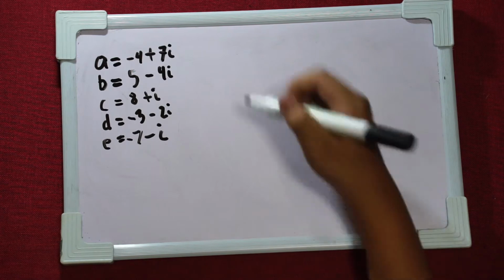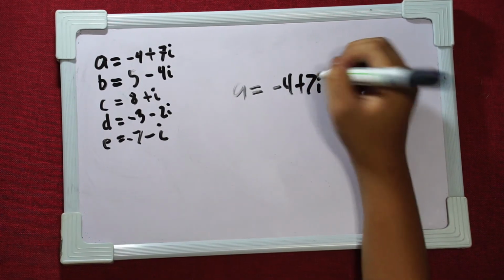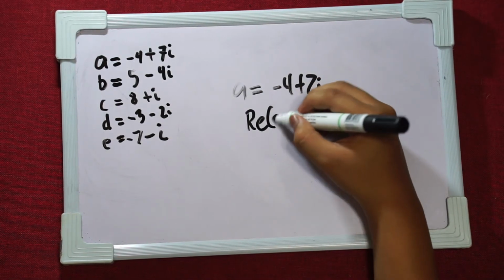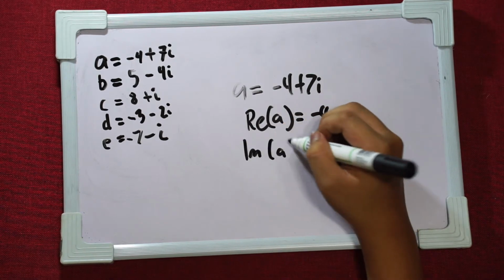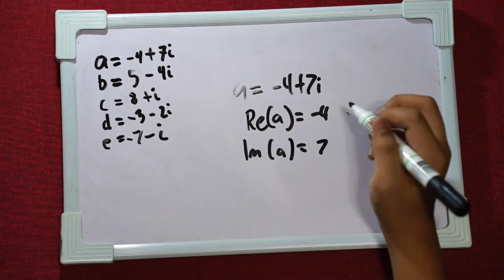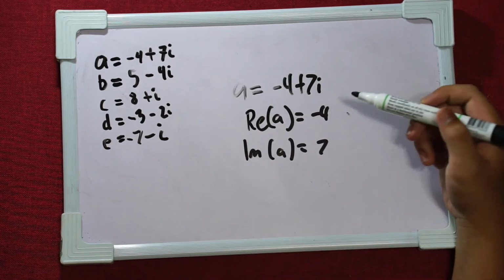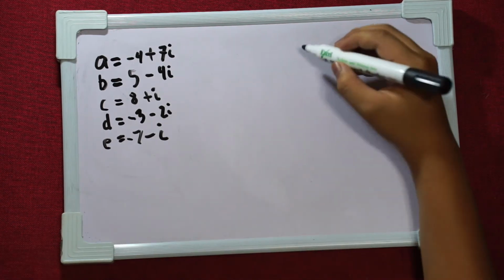The answer on a would be, the real part would be -4, and the imaginary part on a would be 7 because that is the multiple of i on a. We are going to plot a.